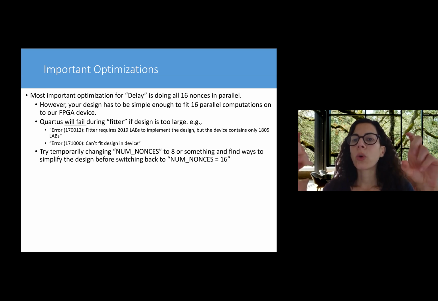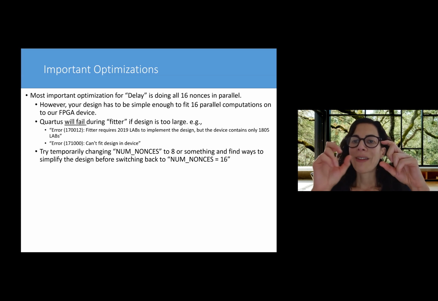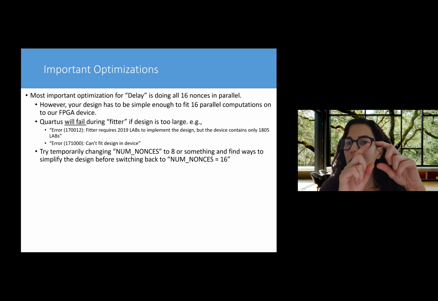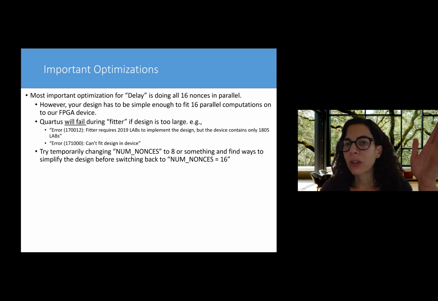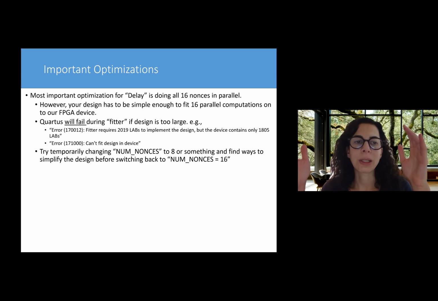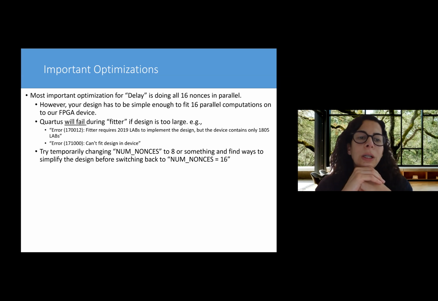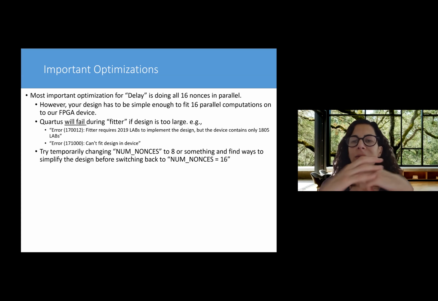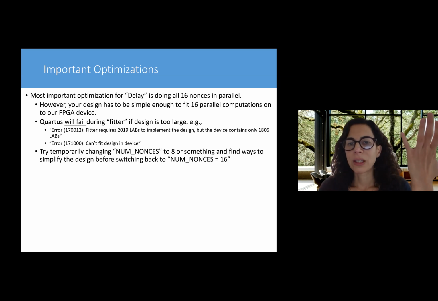So your goal, especially for the parallel case, should be to have as small an area as possible for each of these nonce computations, so we can fit all 16 of them into the device, which is pretty limited. And if you do this carelessly and the design is too large, it will fail during the fitter, and it will say it can't fit the design on the device.